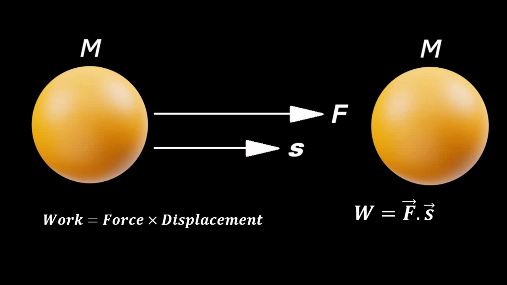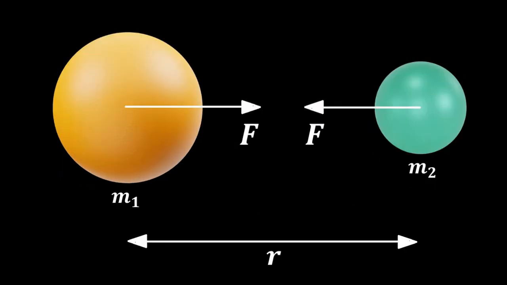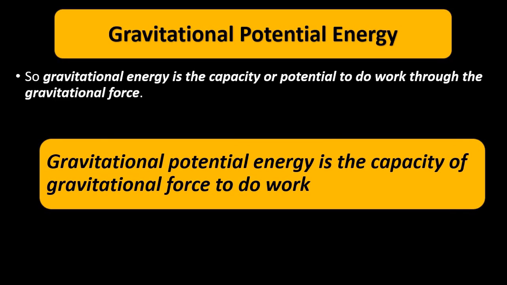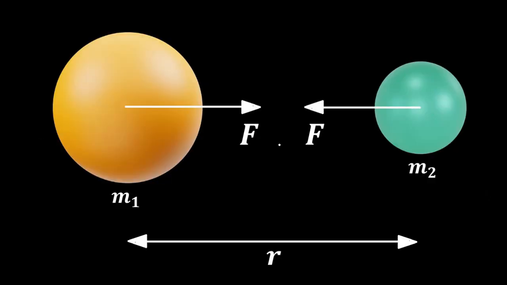Now let us correlate all this with gravitational force and gravitational potential energy, along with gravitational field. We know that every object attracts another object with a gravitational force. This force can cause displacement in the position of an object.